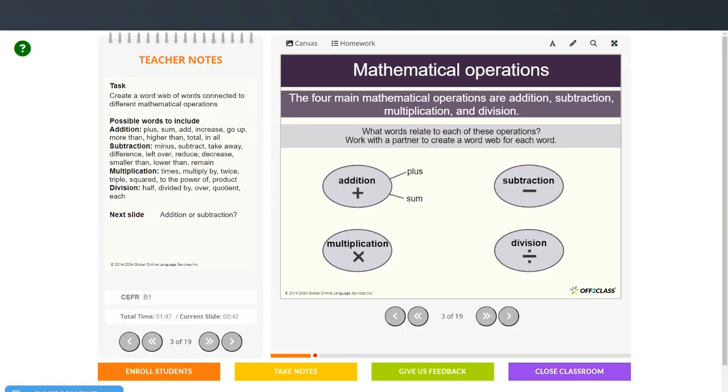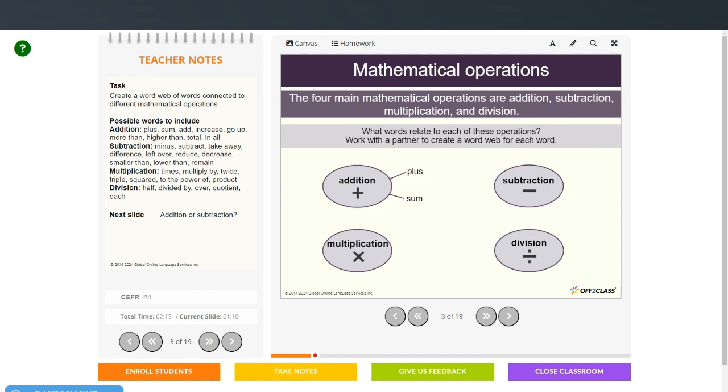All right, other words with addition could be increase, go up, more than, higher than, total, or in all. Subtraction: minus, subtract, take away, difference, leftover, reduce, decrease, smaller than, lower than, or remain.